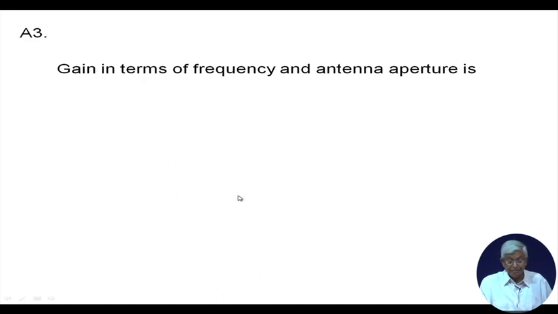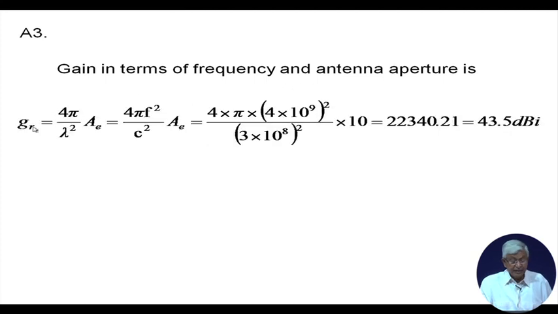Let us see. Gain in terms of frequency and antenna aperture is 4 pi A_e by lambda square, and lambda in terms of frequency and the velocity of light or electromagnetic wave c is c by f, so that is f square by c square, and A_e is already given. f is 4 gigahertz.